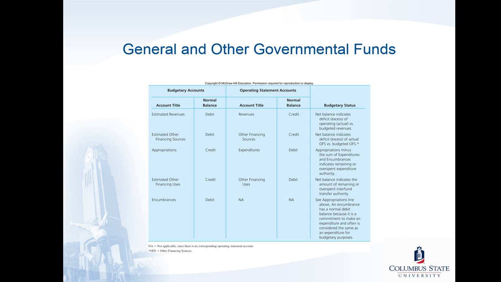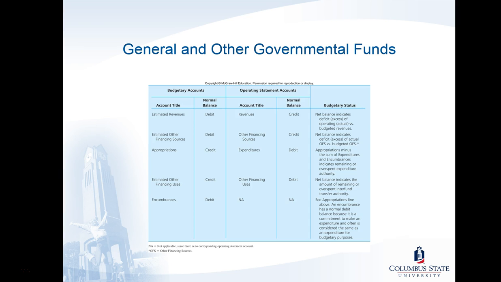In terms of budgetary accounts and operating statement accounts, this is the area of the journal entries that I need you to be able to wrap your head around and think about. For estimated revenues, the normal balance is a debit. Remember, you're used to seeing revenues as a normal balance being a credit.